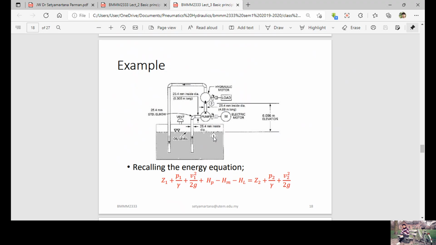In general, we refer from the first position to the second position. We write the energy equation, such as shown on the previous page. This is still general, so we include the additional energy of the pump, the energy reduction due to the motor, and the energy reduction due to the losses in pipe, fitting or valve.